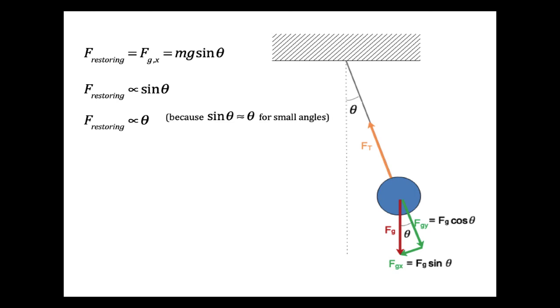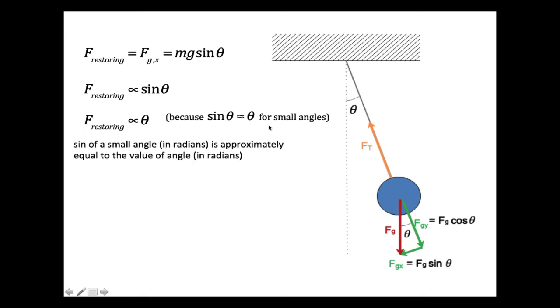Here it's important to understand this approximation. The sine of a small angle approximately equals the value of the angle only when the angle is in radians. For example, consider a small angle for oscillation of a pendulum, say 15 degrees. 15 degrees equals 0.262 in radians, and sine of 0.262 equals 0.259. 0.262 is the angle value, 0.259 is the sine of the angle, pretty close.